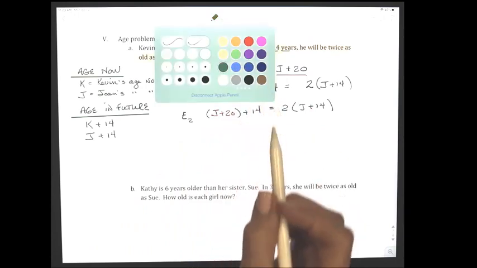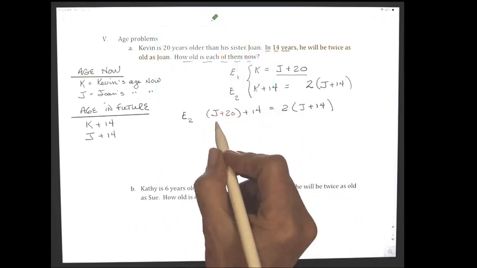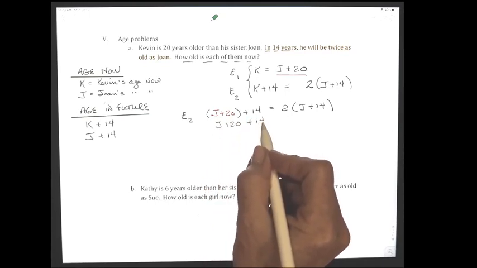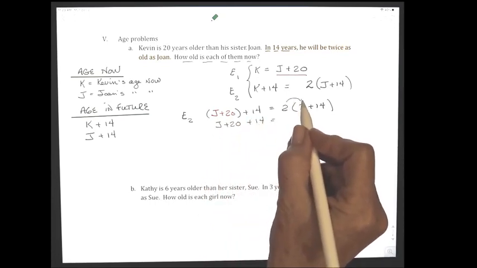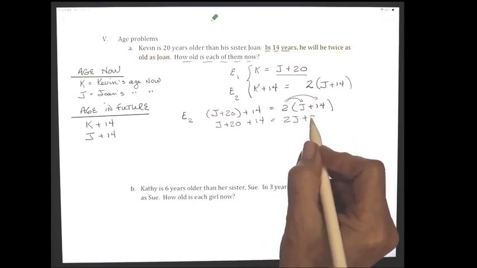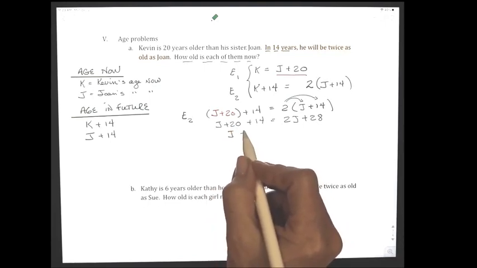All right, so I think I'm ready to work now. You notice the equation has only the letter J in it. So I have J plus 20 plus 14 on the left-hand side. And distributing this 2, I have 2J plus 28. On the right-hand side, let me combine some like terms over here.